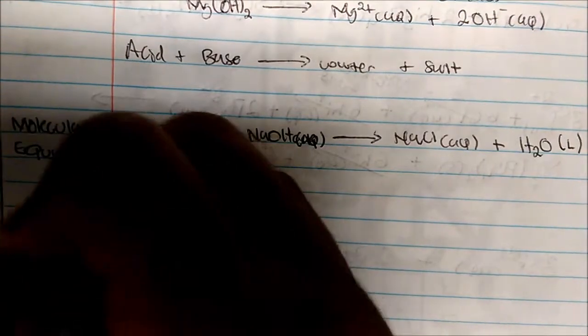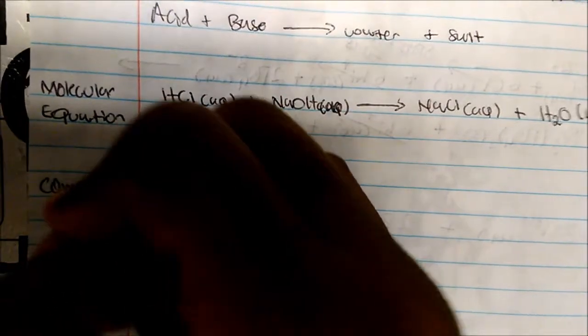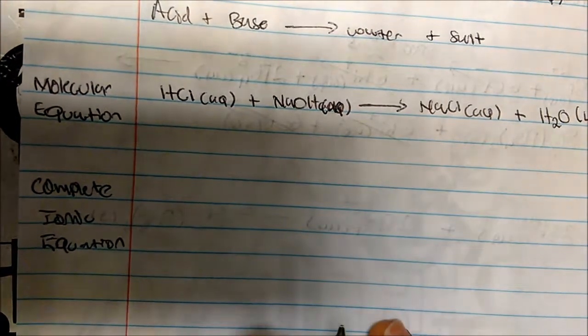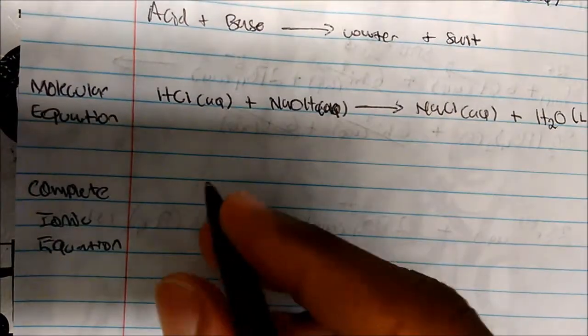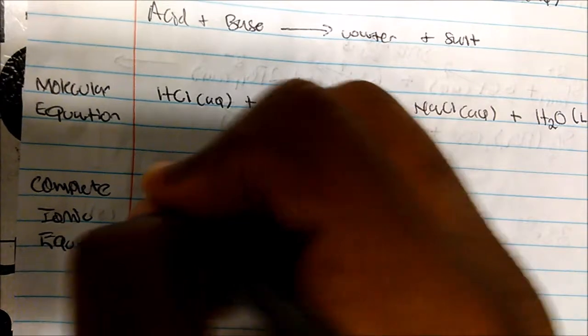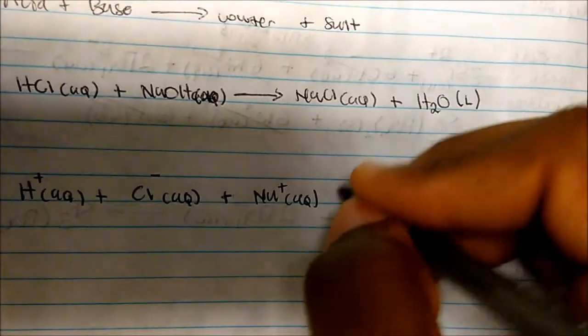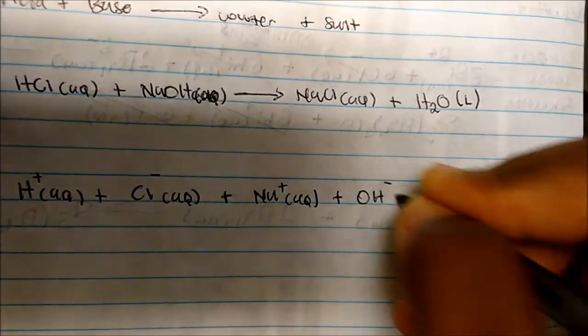So if I'm looking at the complete ionic equation, then if I break this apart, I'm going to have H plus aqueous plus Cl minus aqueous plus sodium plus aqueous plus OH minus aqueous.